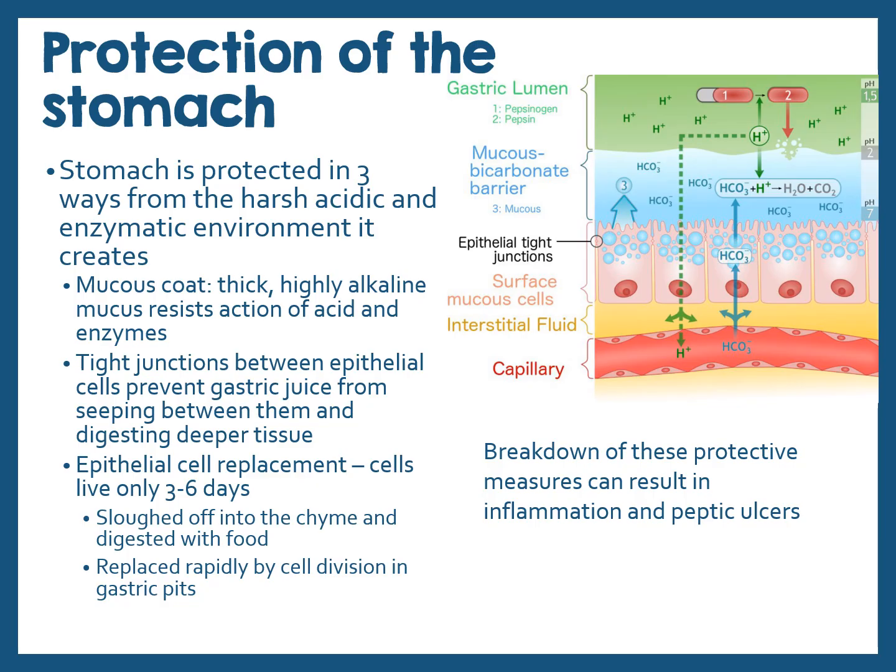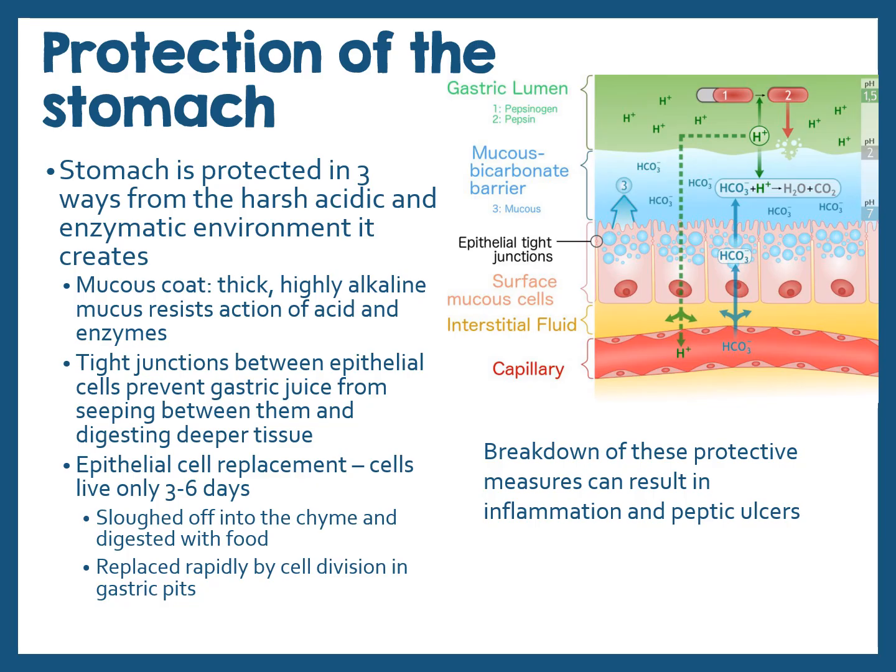And then the epithelial cells, the surface mucus cells, are really tightly packed together and have structures called tight junctions, which connect the cells together and prevent gastric juices from seeping in between them and getting into those deeper tissues.